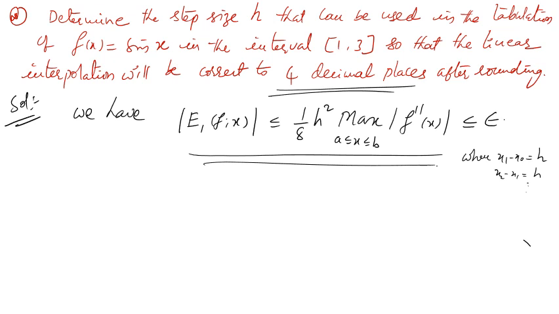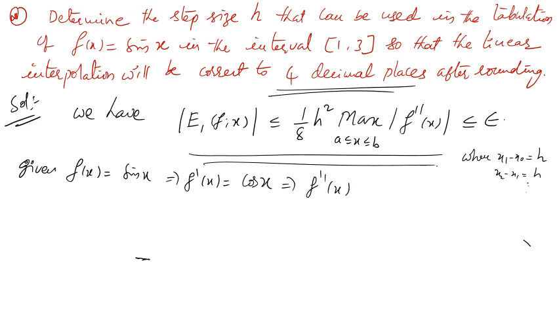Now coming to the problem, what is given? F of x equal to sin x. So f dash x equals cosine x, and f double dash x is minus sin x. Let us find the maximum value.